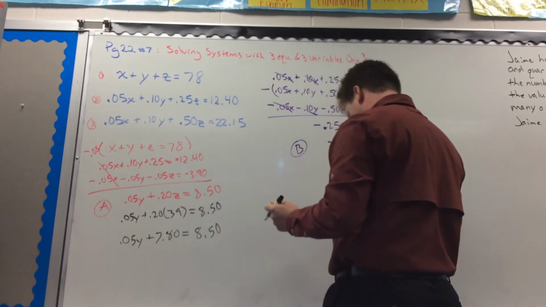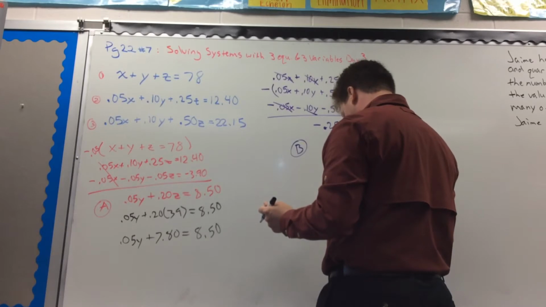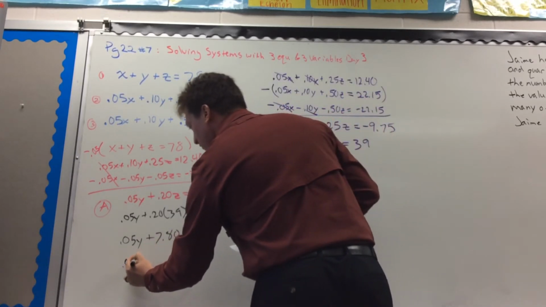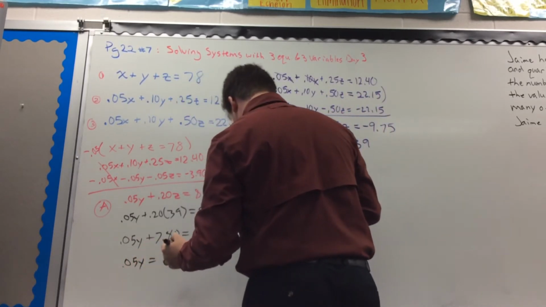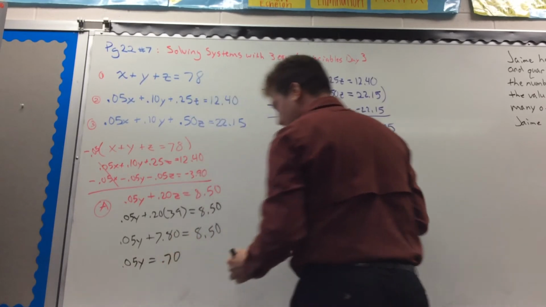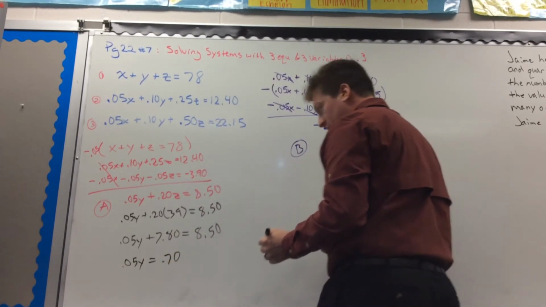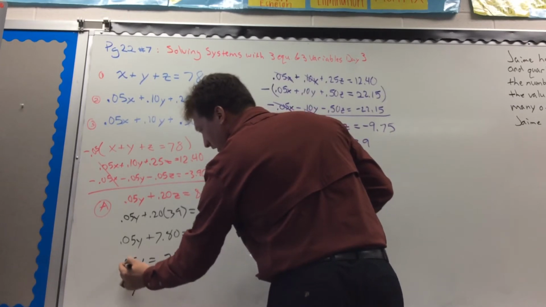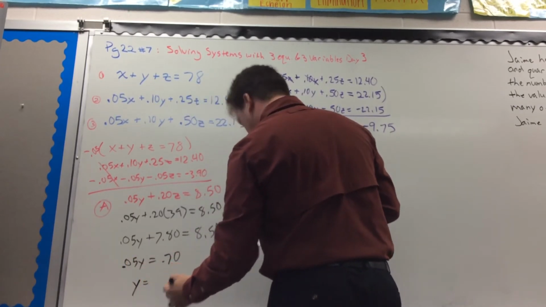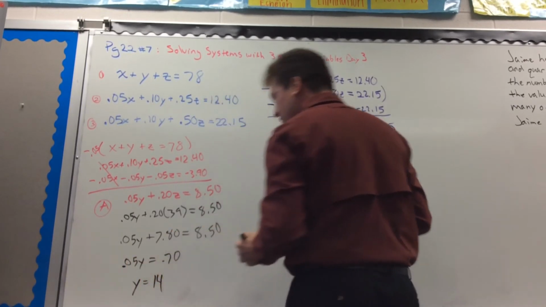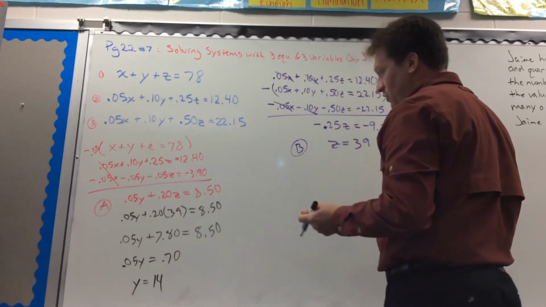I'm going to subtract 7.80 on both sides, and that gives me 0.05y is equal to 0.70. I divide by 0.05 on both sides. It's going to give me y is equal to 14. Should have whole numbers here because we're dealing with coins. Can't have half a coin.